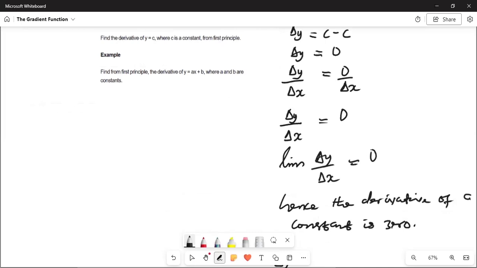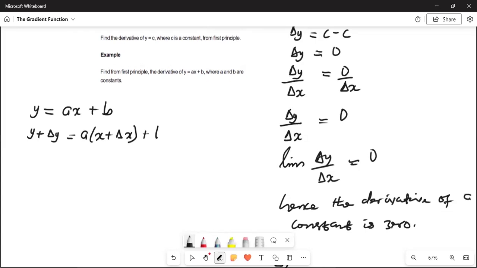Then the last one here says find from first principle the derivative of y equal to ax plus b, where a and b are constants. Okay, if y is ax plus b, that means y plus delta y will be a times x that is changing, a and b are constant, then plus b.